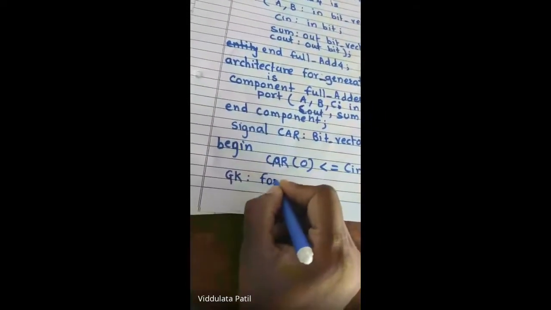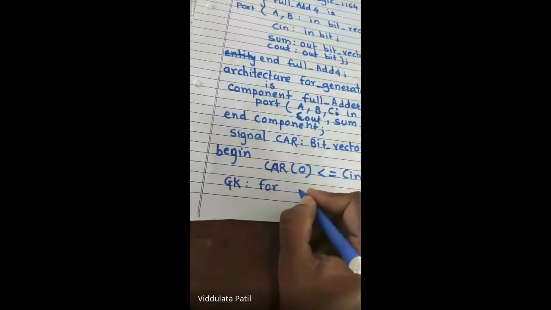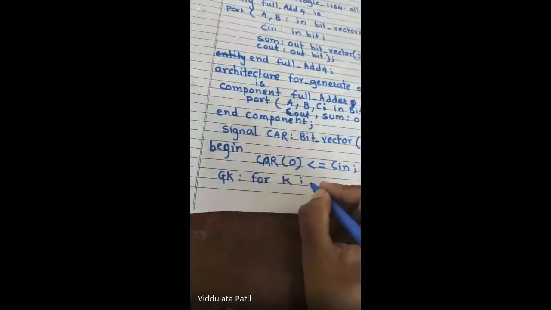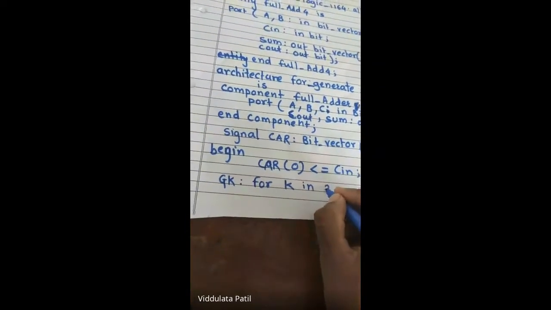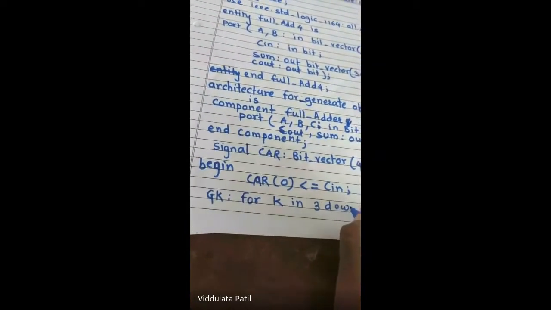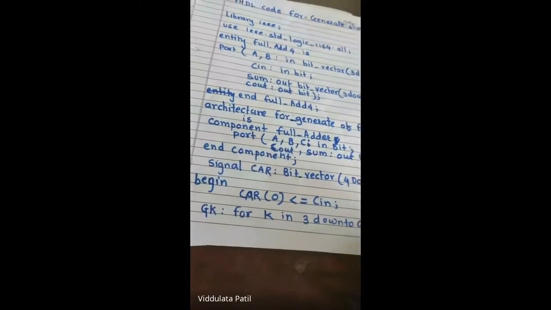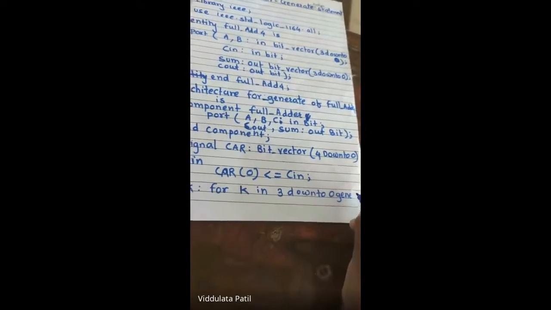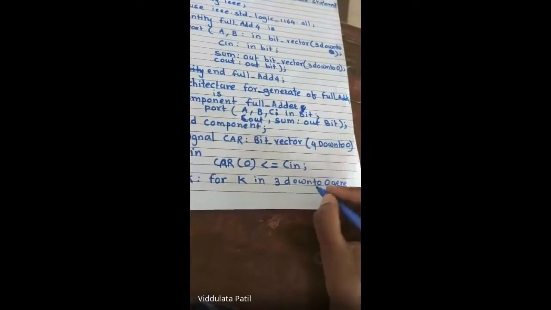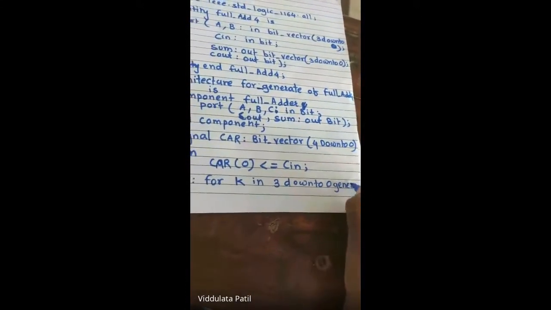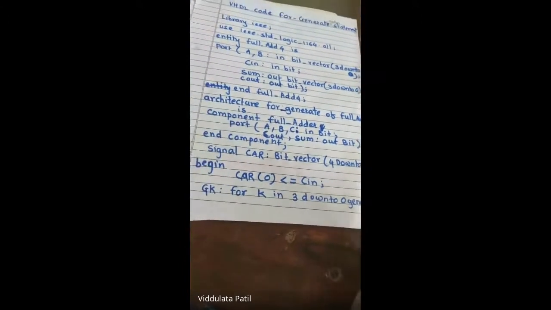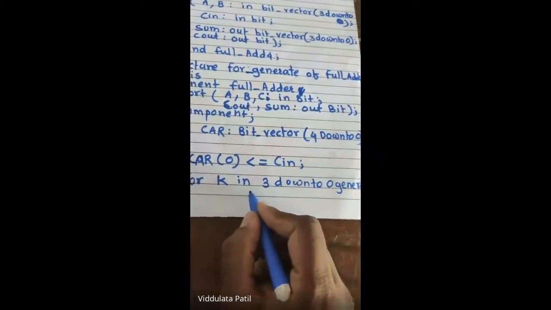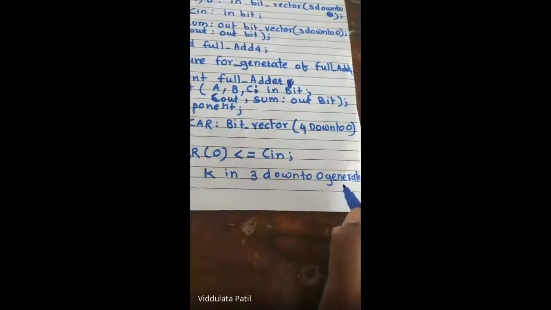GK colon for k in 3 down to 0. Instead of using loop, which we use in a for loop, here we are going to use the generate keyword. So this will be for k in 3 down to 0 generate.